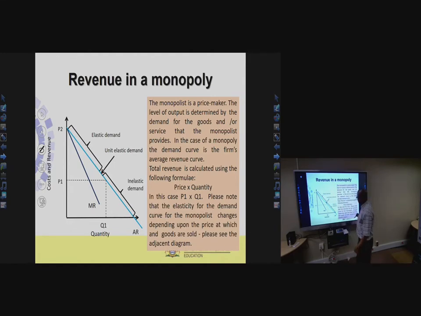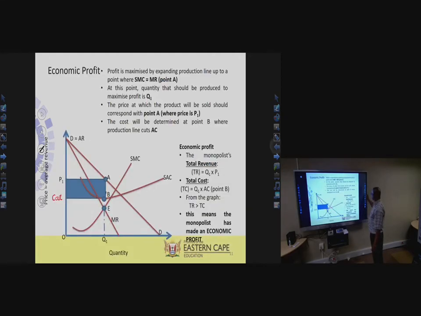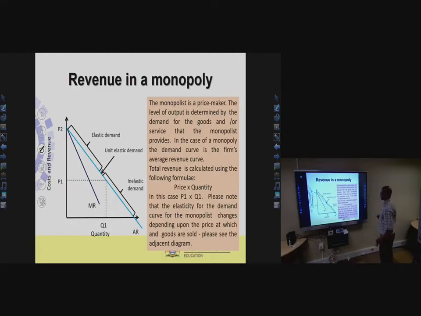But when it gets into this side, you notice that this particular side is elastic, and this other side is inelastic. Then the monopolist will say, okay, we are going to use this particular side with the elastic demand.